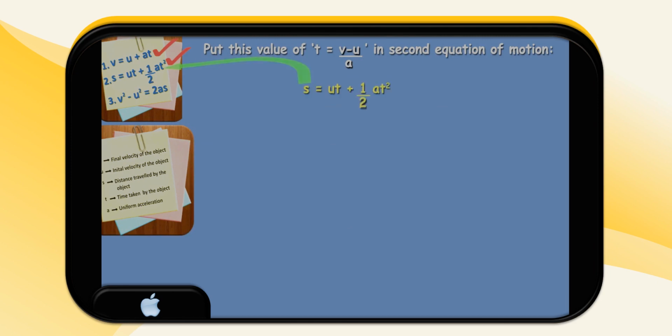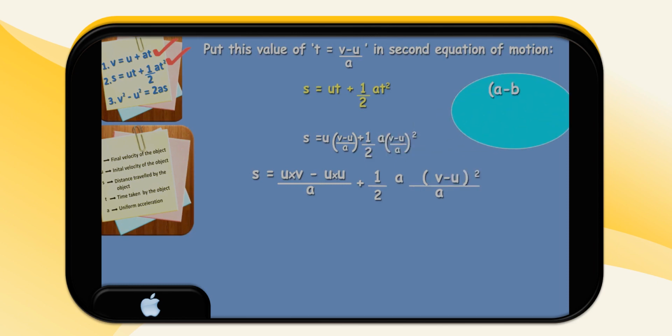So we get ut + half at square. Put the value of t, then s = u × (v - u)/a + half a ((v - u)/a) the whole square. After that we open this bracket, and so we get s = u(v - u)/a + half × a (v - u) the whole square upon a square.